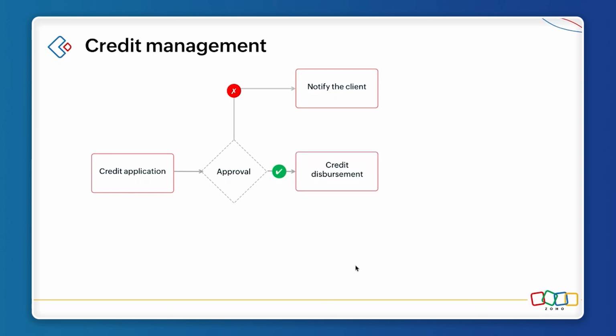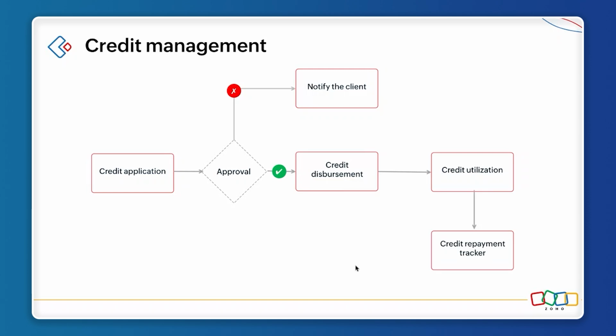If the approval gets accepted, we will disburse the credit amount. And from there, whenever the credit has been utilized by the client, depending on the utilization, the credit repayments will be tracked. This is how we are managing loan management and credit management within our application.